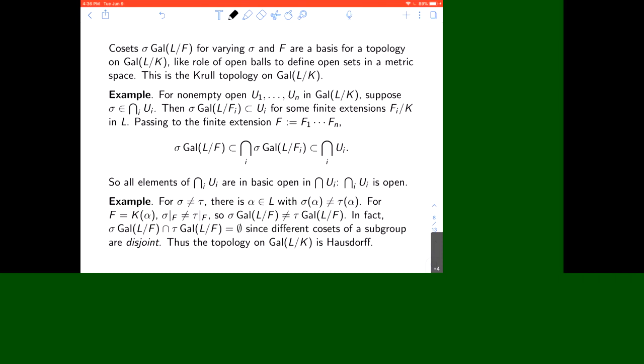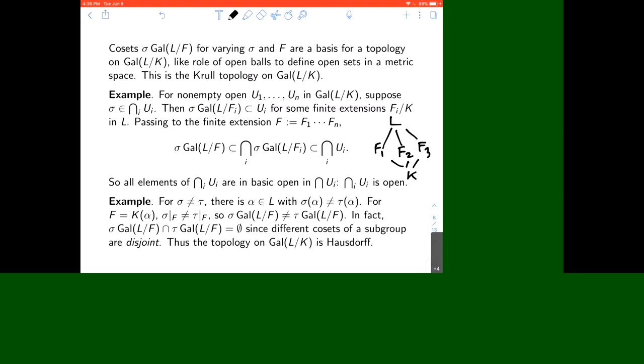If I take their intersection, it might be empty, not very interesting, but if you had an element sigma in the intersection of finitely many open sets, by definition, being in an open set U_i means there's a basic open around sigma in U_i. So it's one of these cosets, sigma times the Galois group of L over F_i. So we have our L, and then we have a whole bunch of finite extensions.